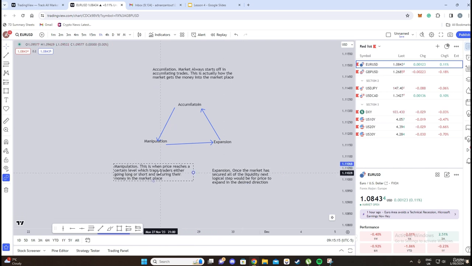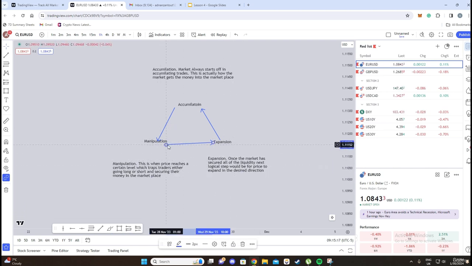This is basically how price action works, and this is why liquidity is very important, and why understanding where liquidity is and how the market is gonna attack the liquidity and why it's doing it is very important, because of these three key factors.